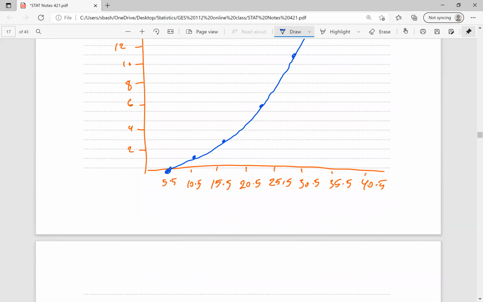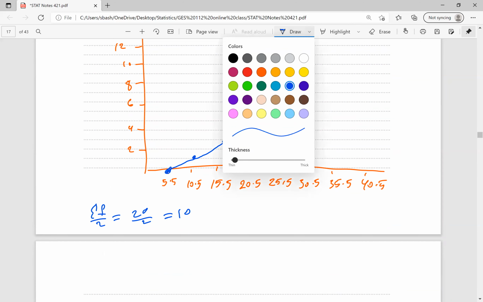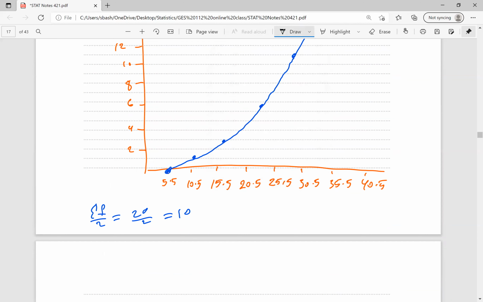Now, to find the median, we know that sigma of f divided by 2 is equal to 20 divided by 2, which is equal to 10. This is the frequency, this is 10.